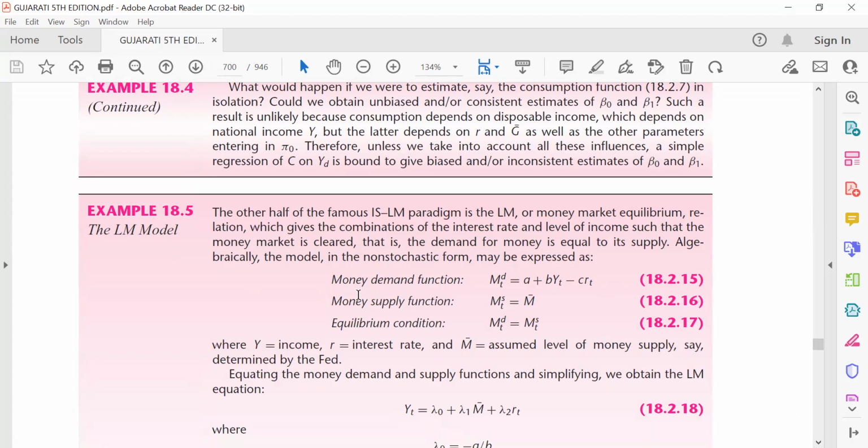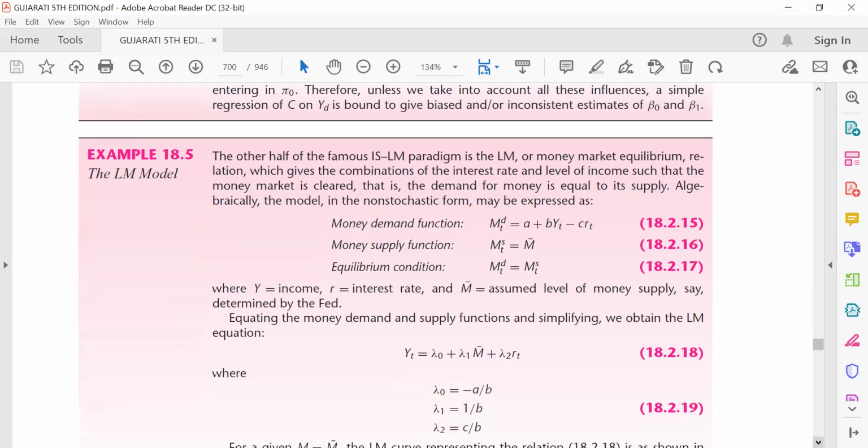Here the demand for money function is equal to supply, so we have the equilibrium condition: demand is equal to supply. So we have the reduced form for the money market, or financial market, in equation 18.18.